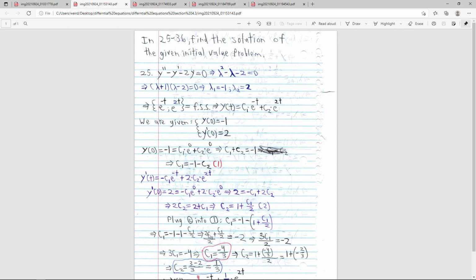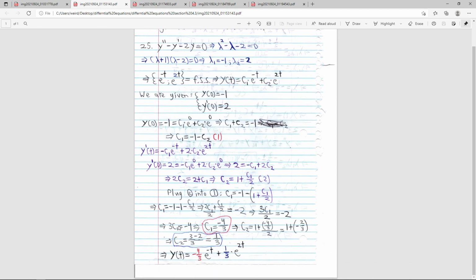Visualize when you add them. And that's all equal to negative 2 because negative 1 minus 1 is negative 2. So we have 3c1 divided by 2 equals negative 2. 3c1 equals negative 4, and then c1 equals negative 4 thirds, so algebra.